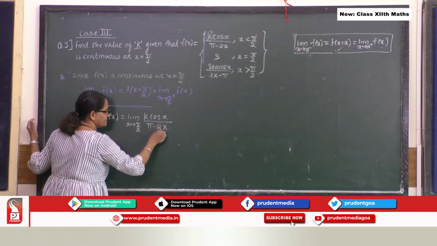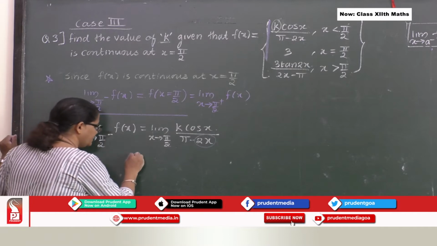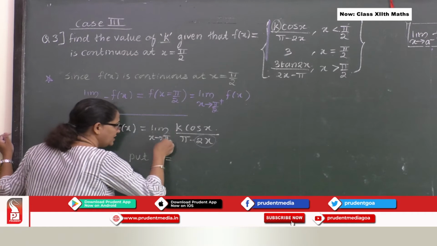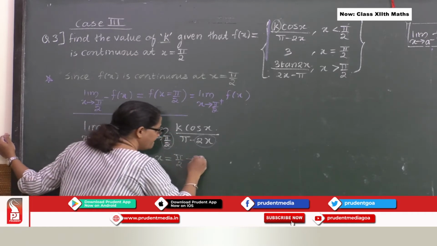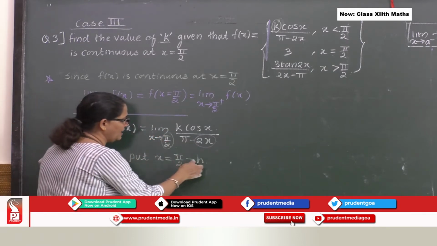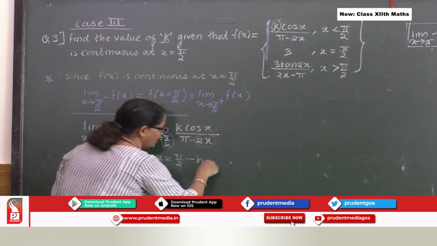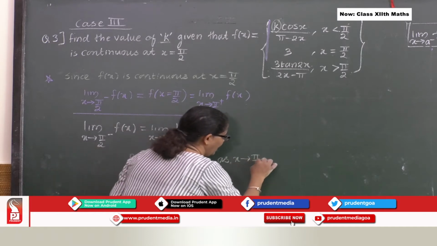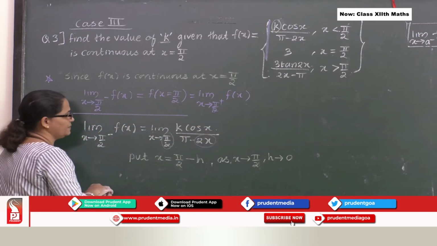Your x is negative, so I put x equal to the limit value minus h, that is pi by 2 minus h. Why? Because your x variable is negative. As x tends to pi by 2, h tends to 0. This is my substitution.